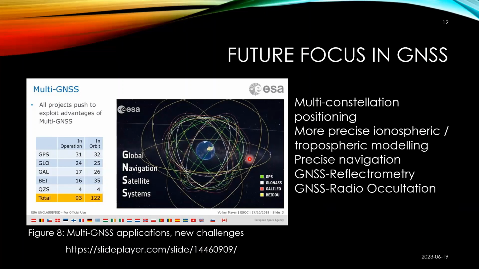Therefore, we can determine better ionospheric and tropospheric models, especially over the ocean area, which is very hard because we do not have receivers there. Then we have to use GNSS reflectometry. The quality of navigation will be better, and we can also do radio occultation for better modeling of the atmosphere.